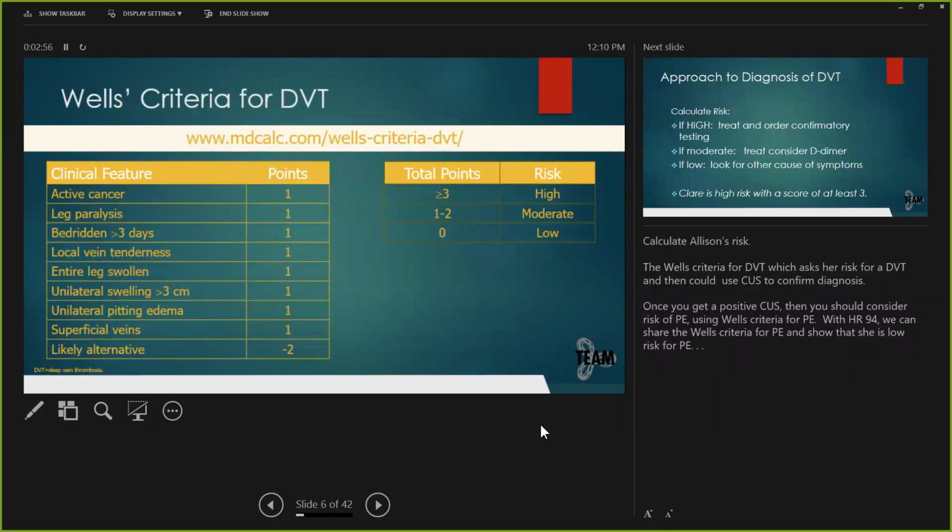There is a criteria for DVT, and based on it you can stratify the patient to high risk, moderate risk, and low risk. High risk is more than 3 points, with factors especially like cancer and being bedridden for more than 3 days.